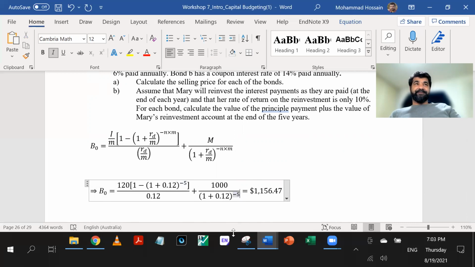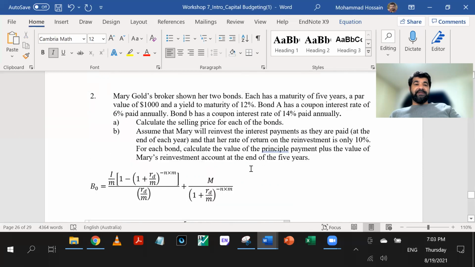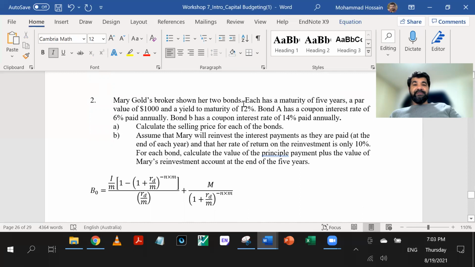N is 5, and M is 1,000. How much is our interest?